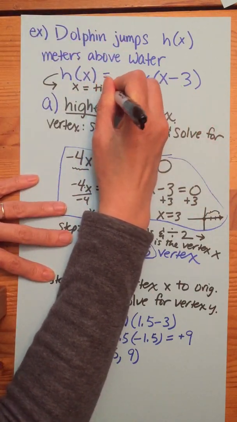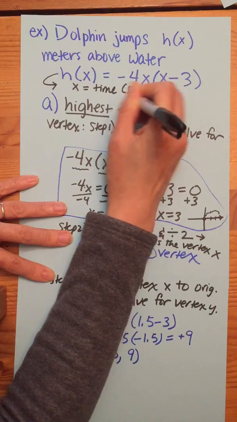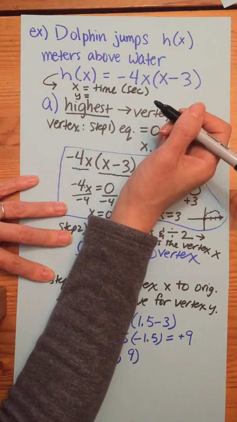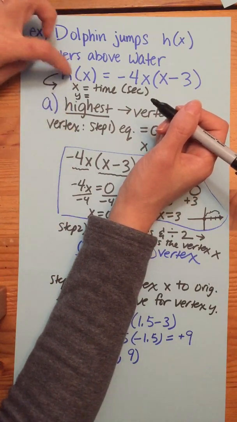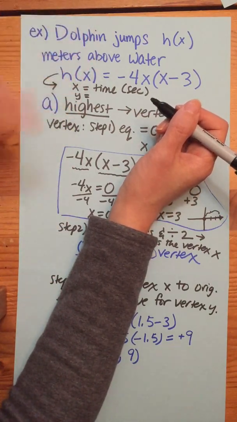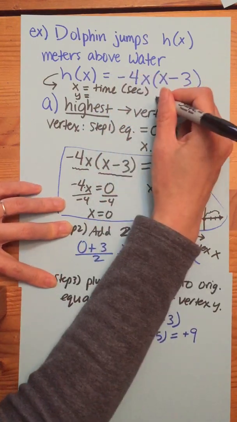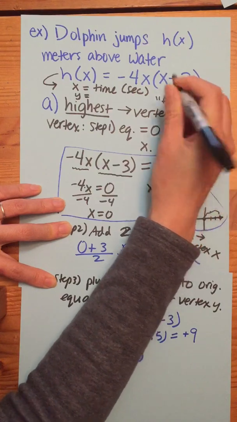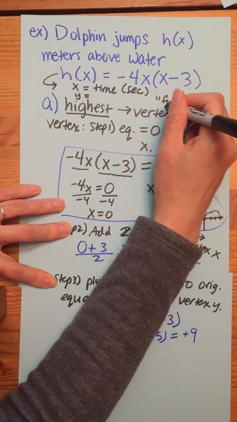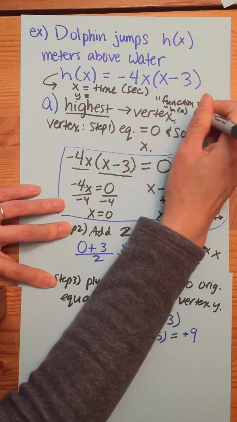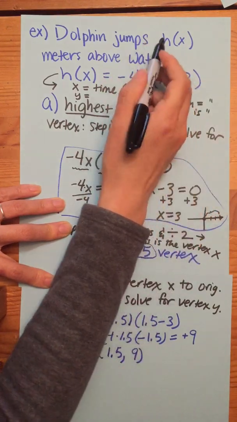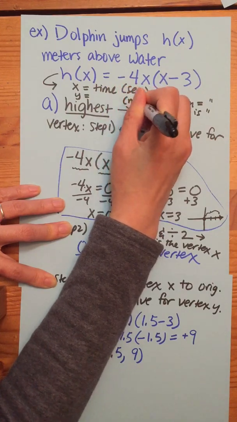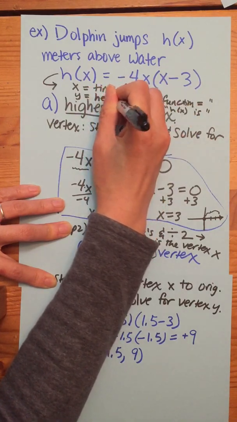The unit you always want to write is seconds. y is always what the whole h of x equals. Whatever the function equals, if they say h of x is the meters, that's the y value, and that's the height of the dolphin.